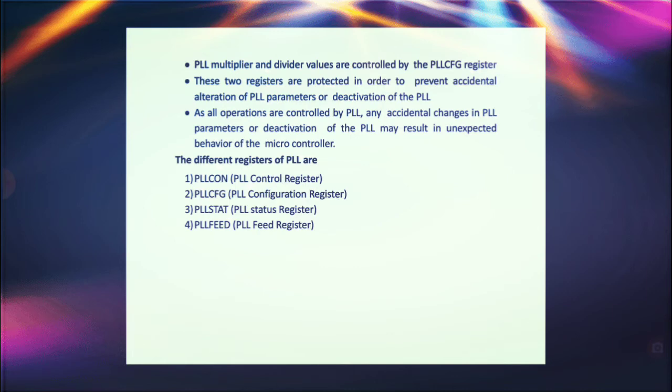PLL multiplier and divider values are controlled by the PLLCFG register. These two registers are protected in order to prevent accidental alteration of PLL parameters or deactivation of the PLL.